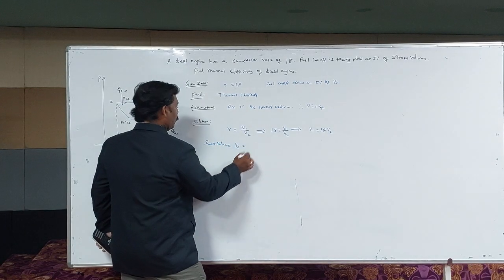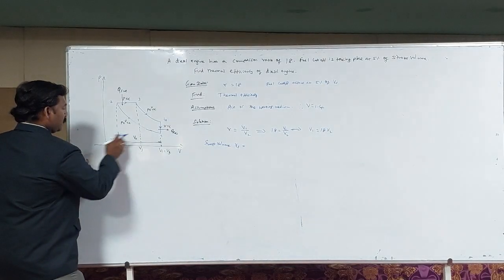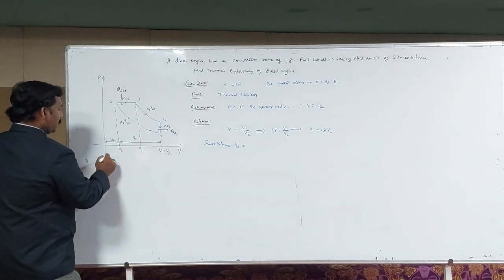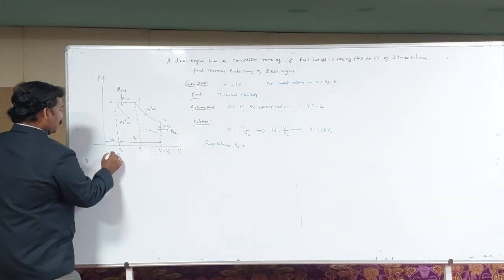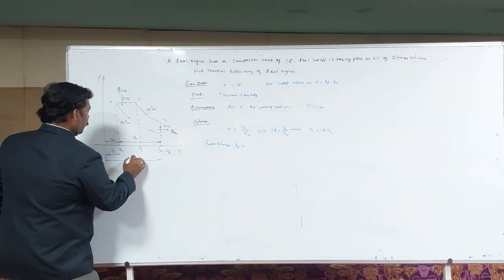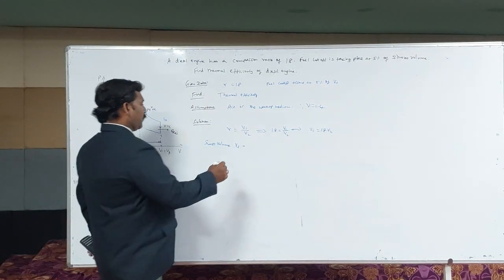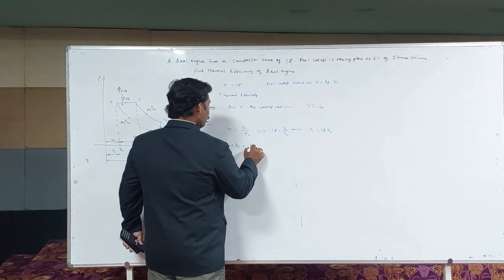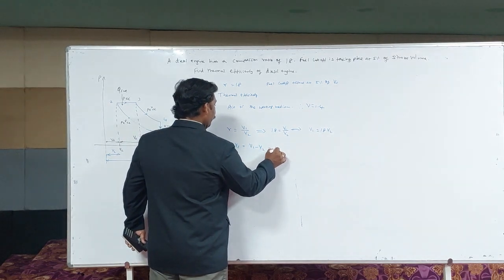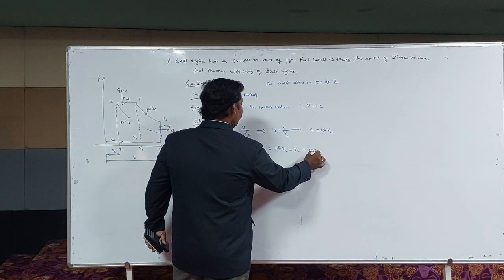Vs is V1 minus V2, right? So this is V2 and this is V1. So the swept volume is V1 minus V2. V1 is 18 times V2 and V2 is simply V2, we can write 17 V2.